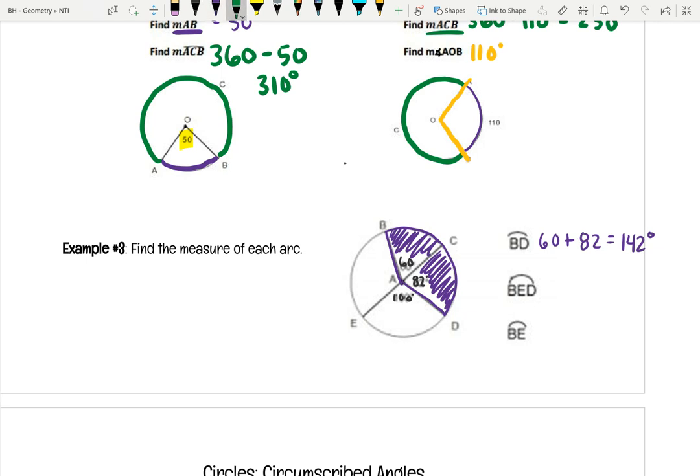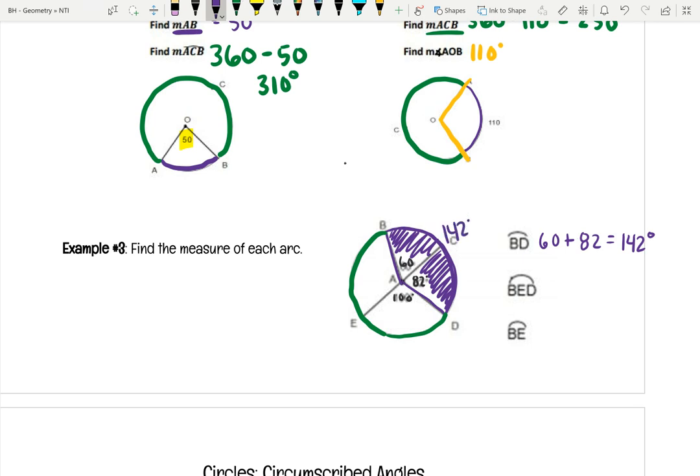Okay, let's move on to BED. So now we are talking about the major arc BED. So start at B, go through E, end at D. Okay, so now we have the other portion of the circle. There's a couple different ways you could do this one. I'm going to do what I think is the most simple. You already know that this right here was 142.